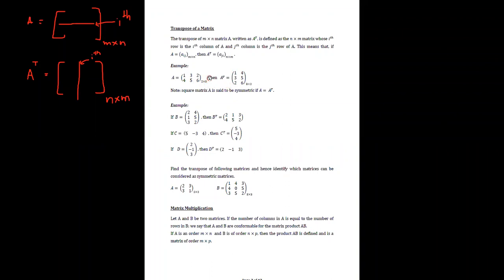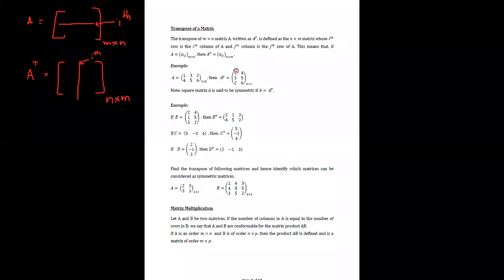If we can do it in one way, there is no need to apply both ways. Here, if I first select the rows to write down as columns, you can see that in matrix A there are 2 rows. If I select the first row 1, 3, and 2, it will become the first column of the transpose matrix.